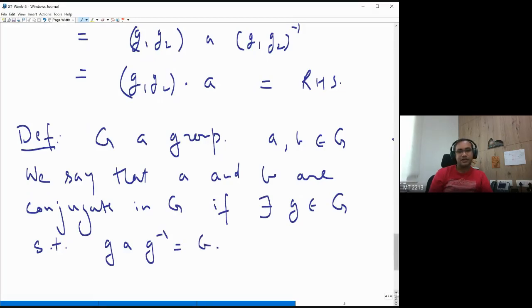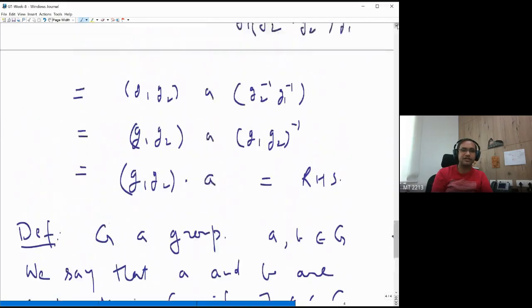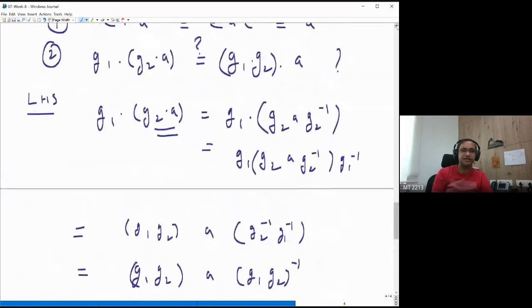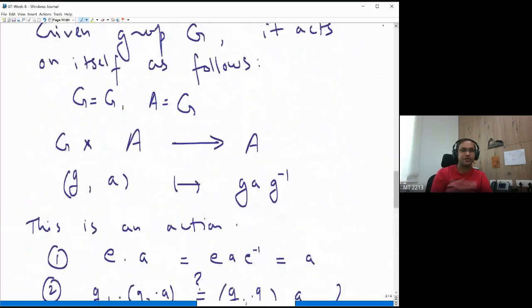Okay, and this defines a relation on G, and it's an equivalence relation. And this equivalence relation is nothing but coming from this action, right? So I use that conjugation to define this action. You see that here. And the equivalence relation on A defined by this action is the same as the conjugation relation.